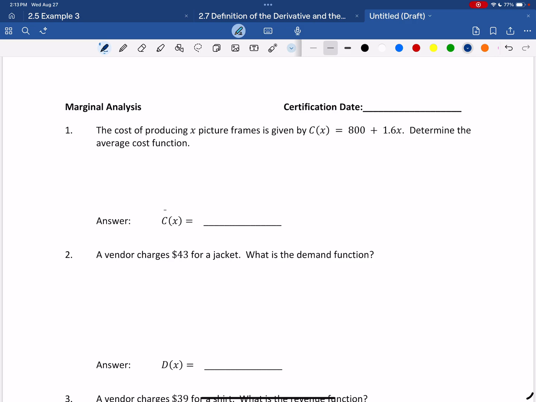Number 1, the cost of producing X items, or X picture frames, is given by C of X equals 800 plus 1.6X. Determine the average cost function.